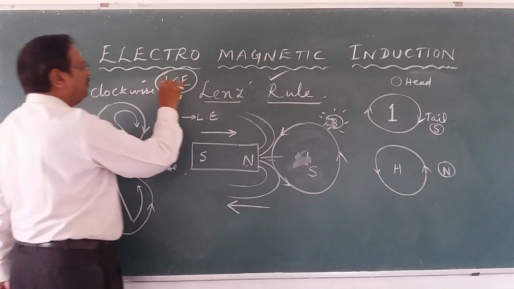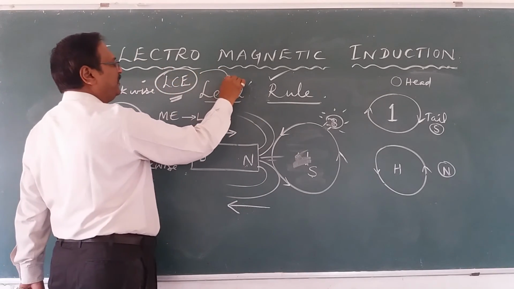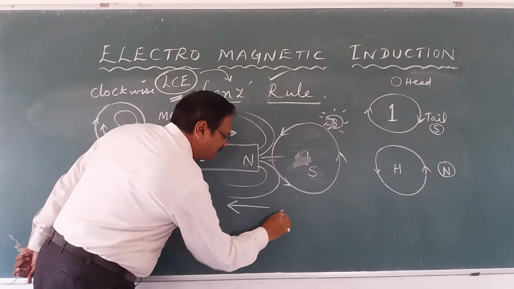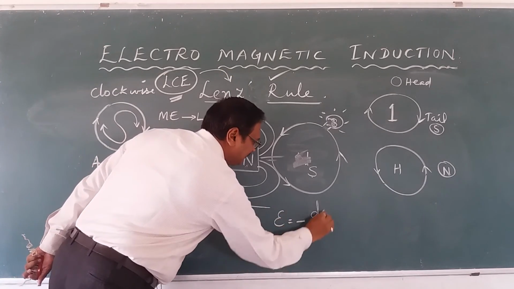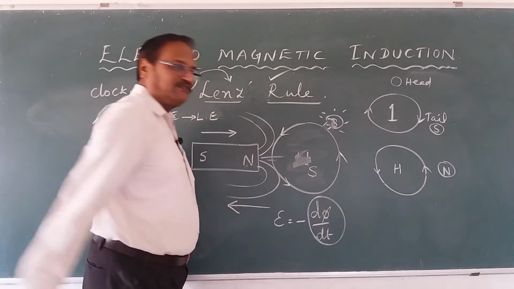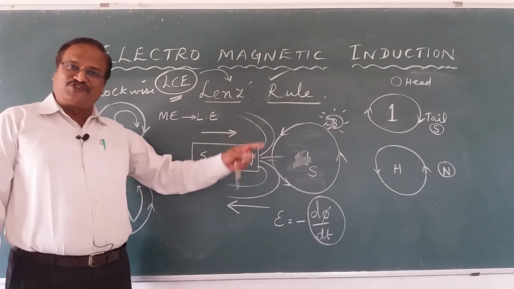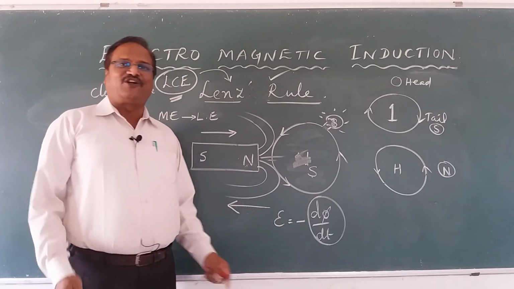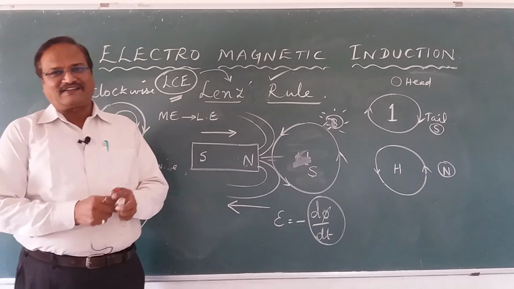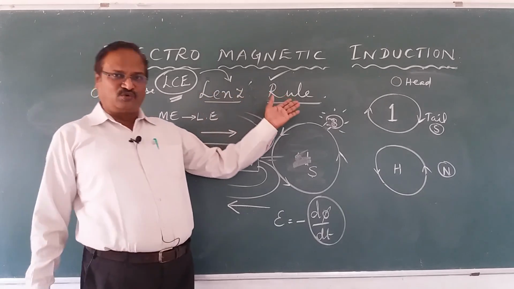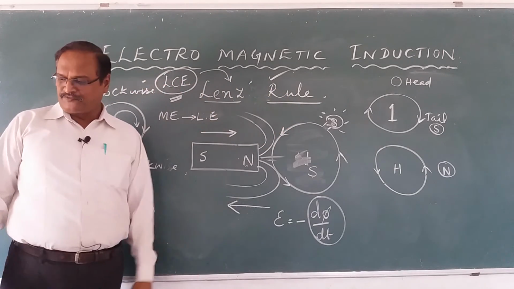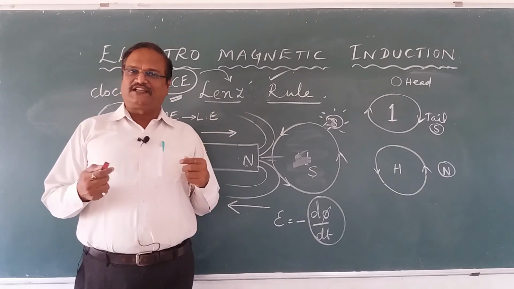So the law of conservation of energy is obeyed, and Lenz rule, that is why there is a sign: epsilon is equal to minus d phi by dt, right? Rate of change of magnetic flux is inducing EMF, but it is always negative because it is opposing, because of Lenz rule. And Lenz rule obeys the law of conservation of energy, and try to understand the concept clearly, right?